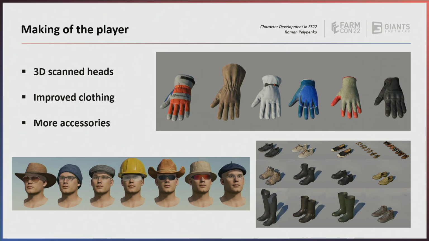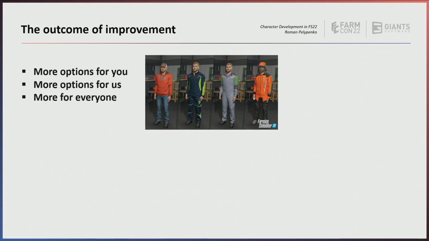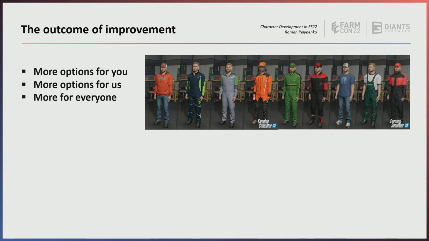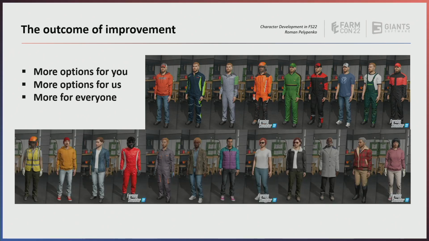That's all just to increase the variability of what you can choose for your player. In the end, you have more options to choose what you can build, more options for us to reuse for our NPCs, and more options for everyone to make the game more varied and more interesting.